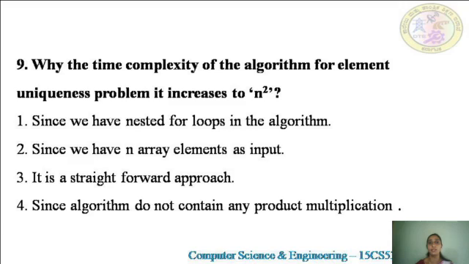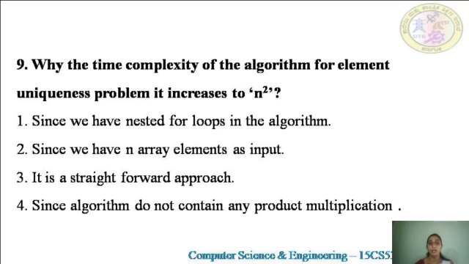Now, the next question. Why does the time complexity of the algorithm for element uniqueness problem increase to n square? You have to give the reason why the time complexity is theta of n square. For choice 1, since we have nested for loops in the algorithm. Second choice, since we have n array elements as input, or it is a straightforward approach. So this algorithm has been written in straightforward approach.